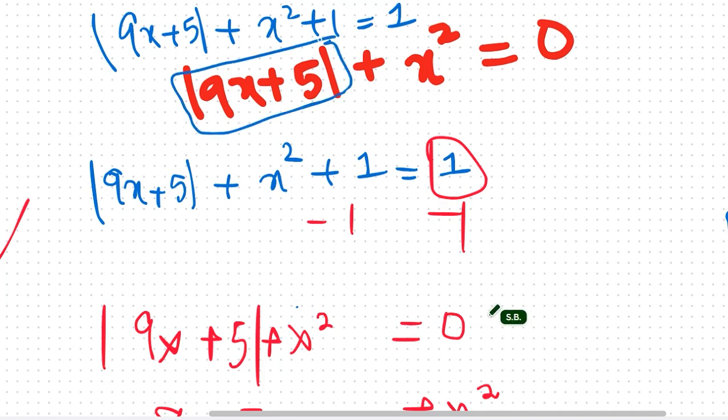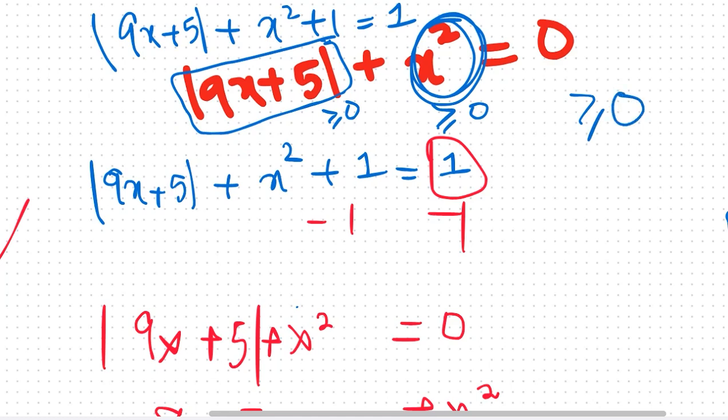This value technically should be greater than or equal to 0, correct? This entire value has to be greater than or equal to 0, and this value will be greater than or equal to 0. So the result as a whole should be greater than or equal to 0.